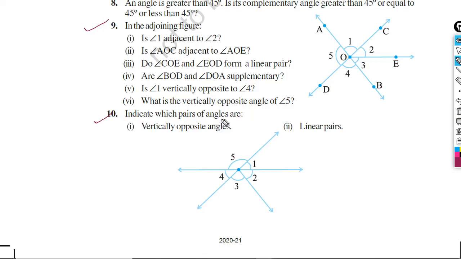Indicate which pairs of the angles are vertically opposite angles. Okay, very nice. So you can write vertically opposite angles are angle 4 and angle 1. One pair. Any other pair?